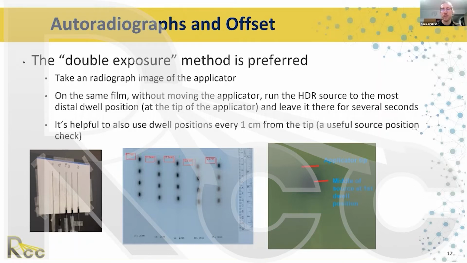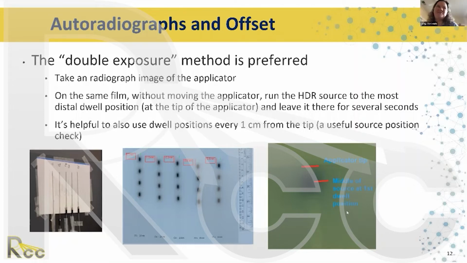For example, if my manual says that at 1500 millimeters it's supposed to be exactly 12 millimeters from the distal tip to the center of the first dwell position, then I'm going to take that exact setup and send the source to 1500 millimeters. I'm going to do an autoradiograph, mark the tip of the applicator, and I should be able to measure that exact 12 millimeters with a ruler. So this is really important.